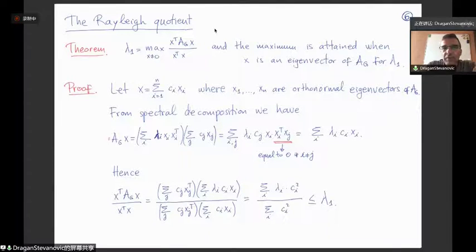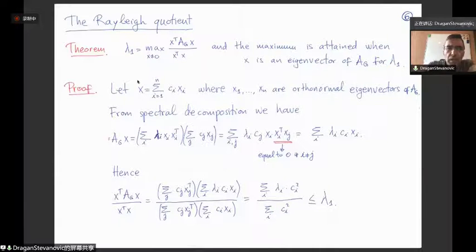So it will be the sum over all edges of x_u times x_v. And down here we just have the length of the vector x to normalize it, and we claim that the largest eigenvalue of A is the maximum of all these ratios. And moreover, the maximum will be attained when x is an eigenvector that corresponds to lambda 1.